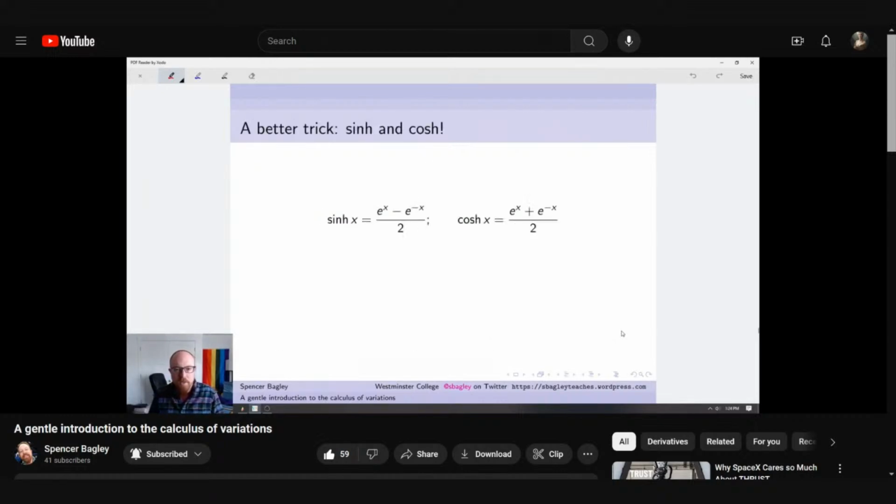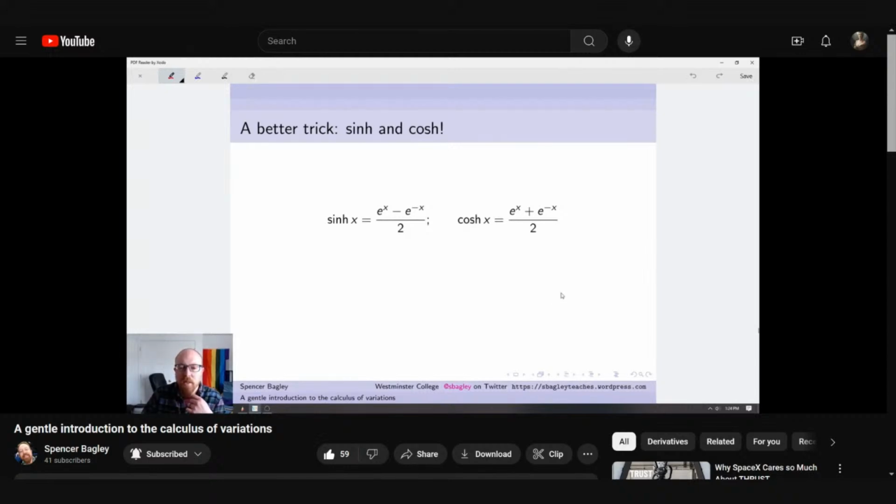The trick is sinh and cosh. These are called the hyperbolic sine and hyperbolic cosine. Here are their definitions. They are related to our usual circular sine and cosine in a particular way. If you think hard about the real and imaginary parts of e to the ix, I think you can see what is going on. I'm not going to say too much about it.